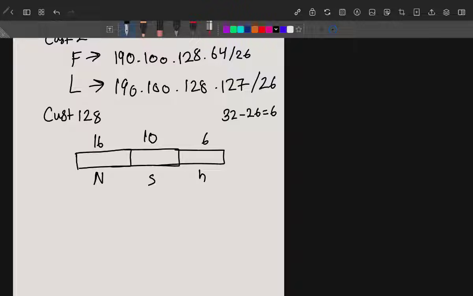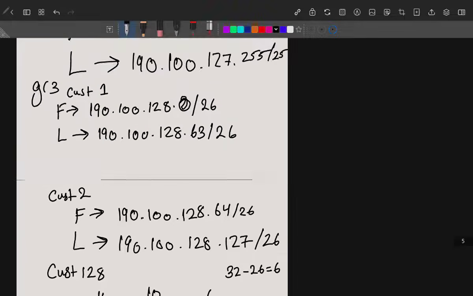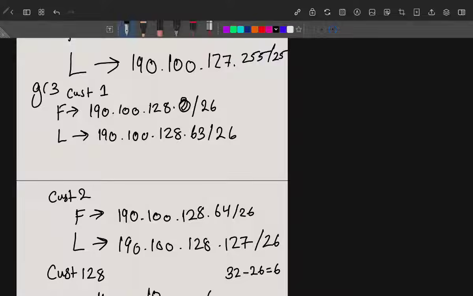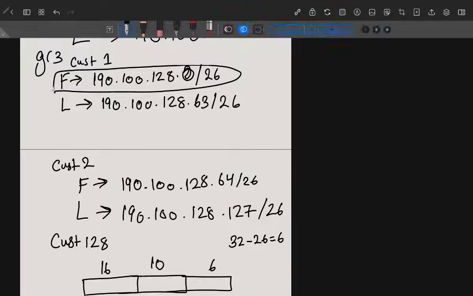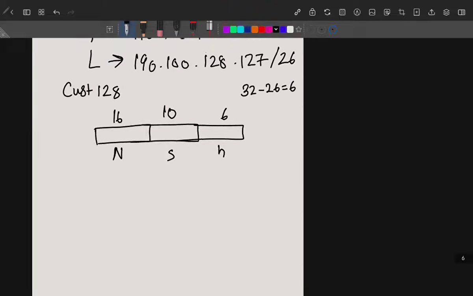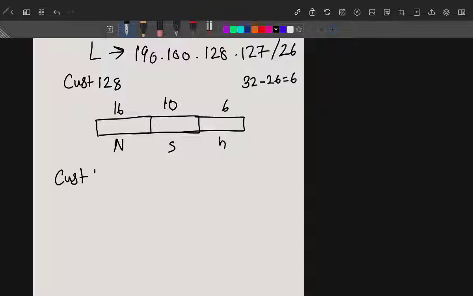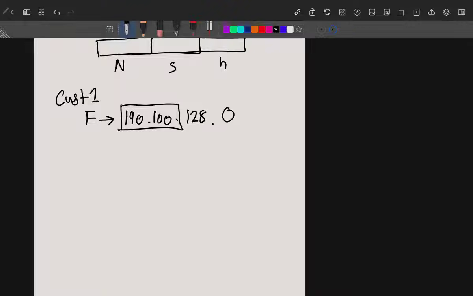When we are now manipulating subnet bits, your key starting point would be the first subnet. The first subnet is customer 1 in this case. Customer 1 first address is 190.100.128.0. Now these are reserved for the network. Convert the rest to binary.